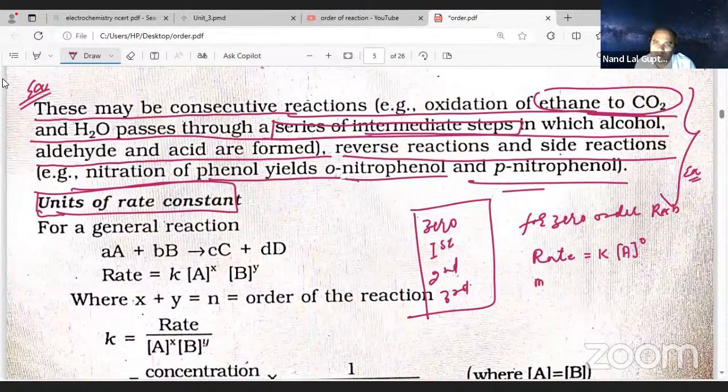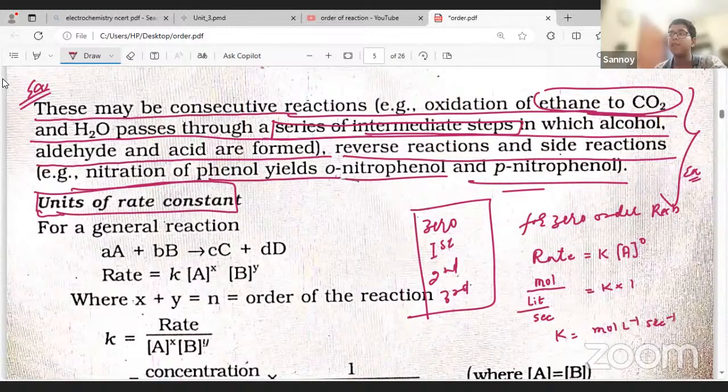Just now you told me, mole per liter per second. And K times A to the power 0 is going to be 1. So K is equal to mole liter inverse per second inverse.